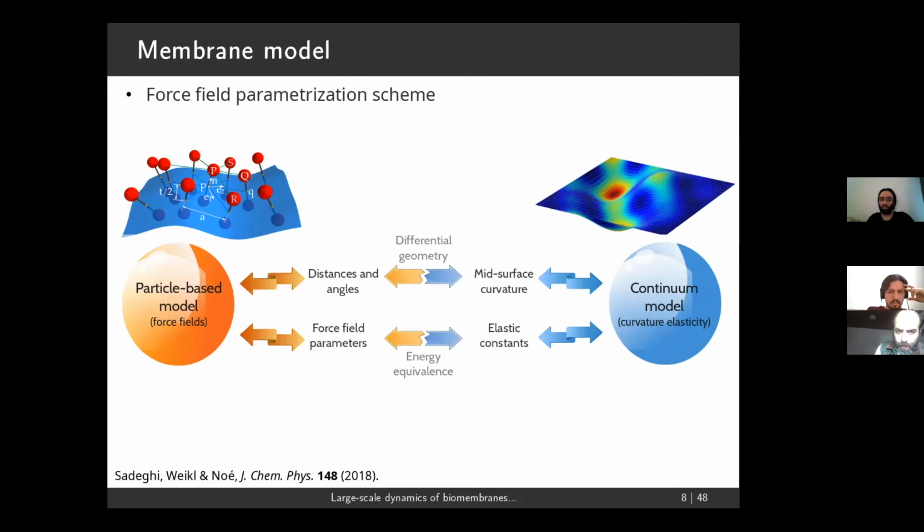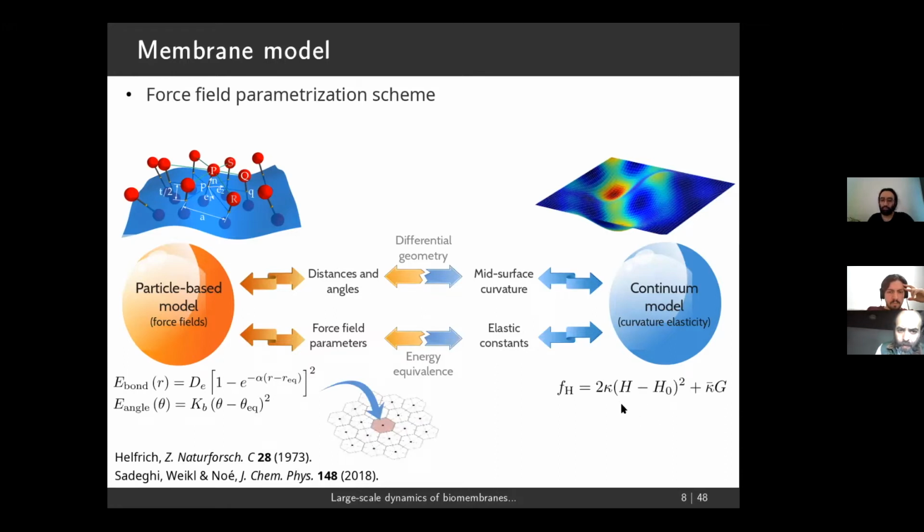Also, for a continuum-based model, you have elastic constants, which are encapsulated in this very famous free energy model, the Helfrich functional, of the membrane energy. So this functional would give you the energy density at each point on the surface based on the mean curvature, which is H, and the Gaussian curvature, which is G. This is a model from the 70s, but it has been working perfectly in modeling the mechanics of the membrane.